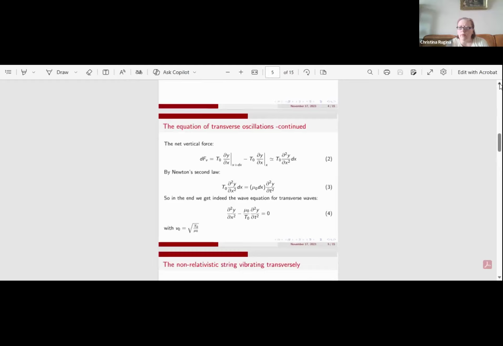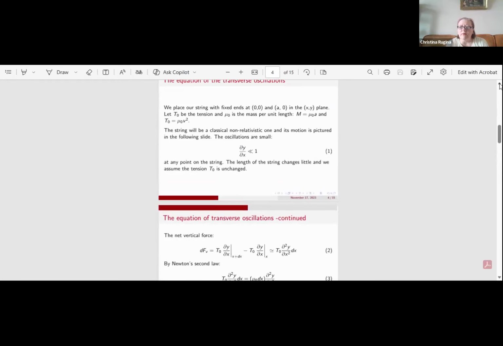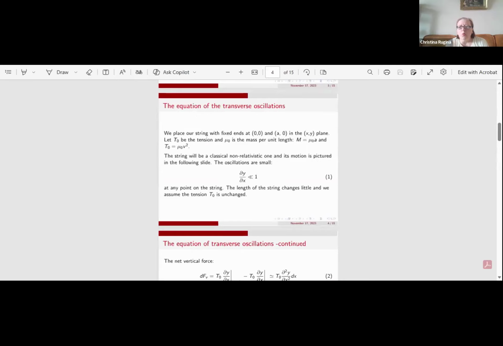So we placed our string. Let's follow the prescription here. We place our string with fixed ends at (0,0) and (a,0) in the xy plane. So imagine an xy plane. T0 is the tension, and M0 is the mass per unit length.